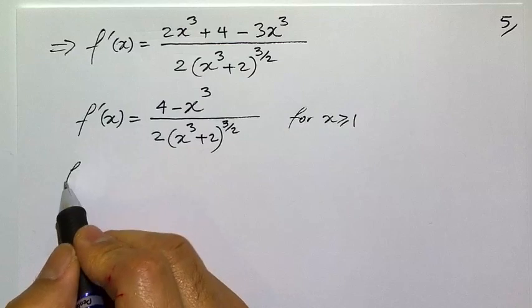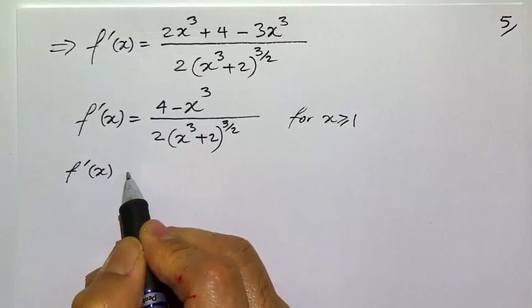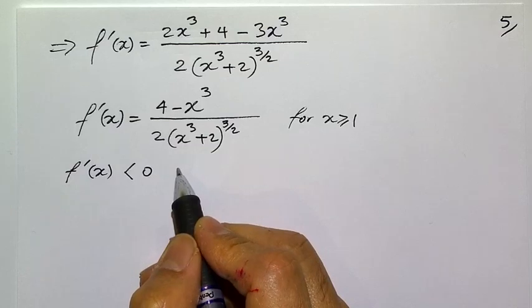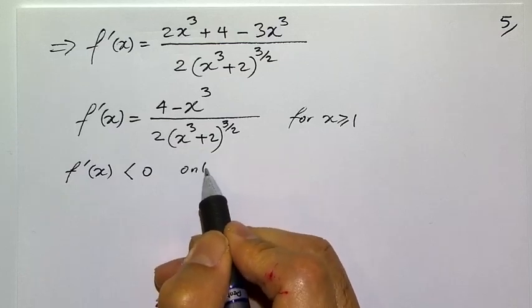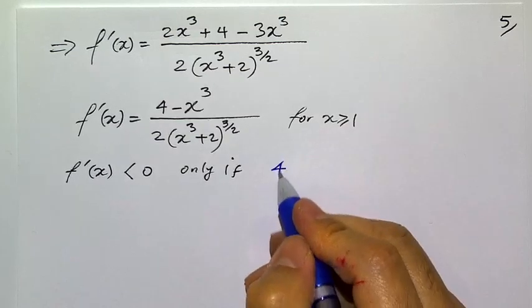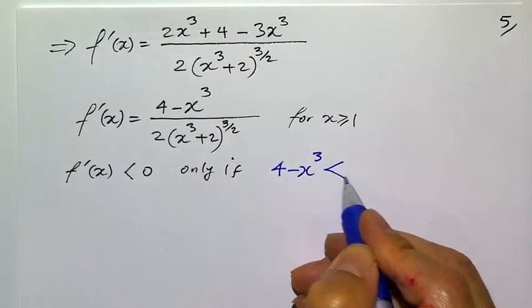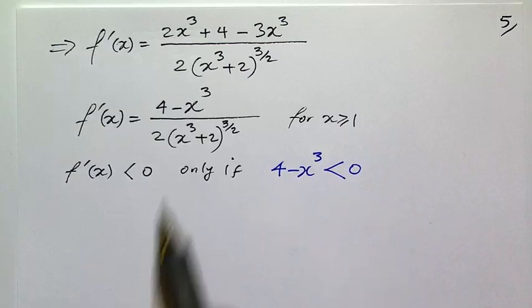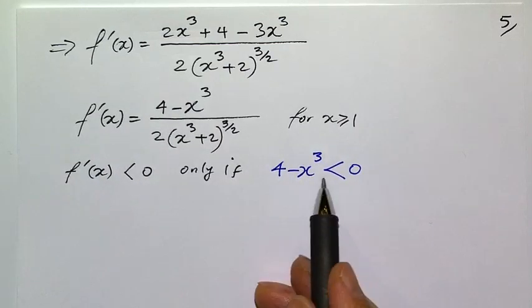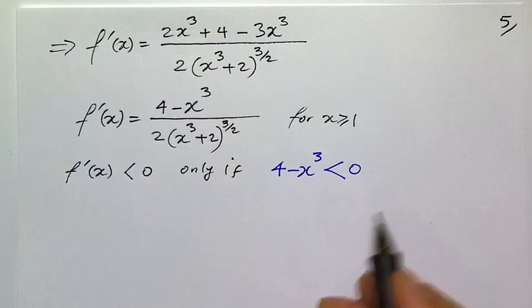So f prime x is less than 0 only if 4 minus x cubed is less than 0, right? If that's negative, the first derivative is negative.